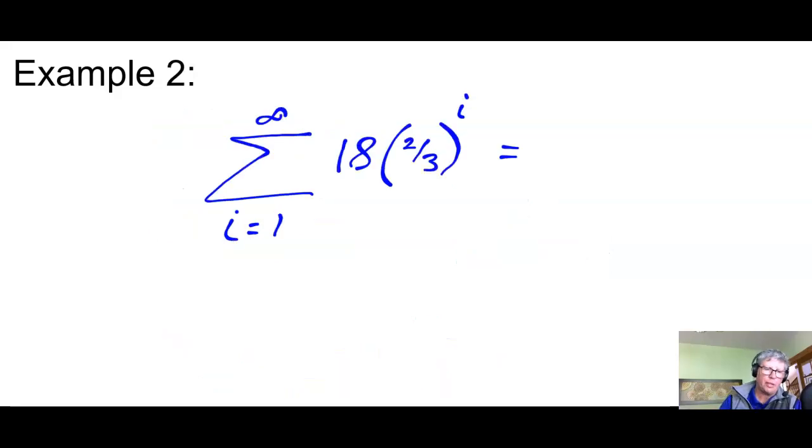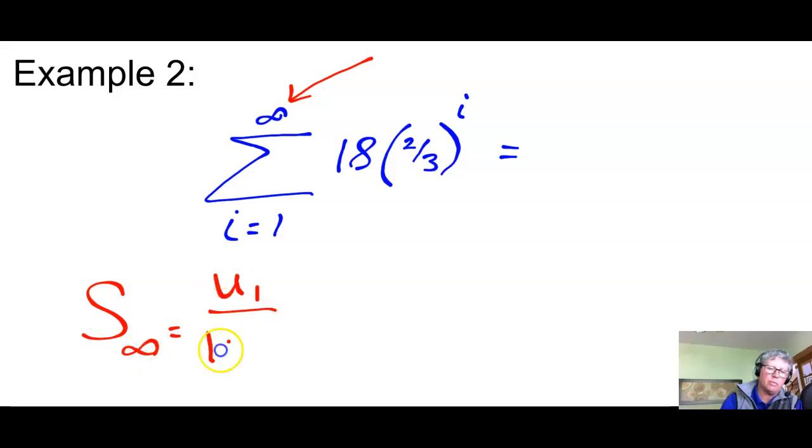Cool. What if you're given a problem in sigma notation, and this is a good review for us. Well, first, look right here. That means we're doing an infinite geometric series, okay? So I immediately, if this is possible, I write this down. Do we have a first term? Don't jump and say it's 18. You can't do that. So u sub 1 happens when i equals 1.